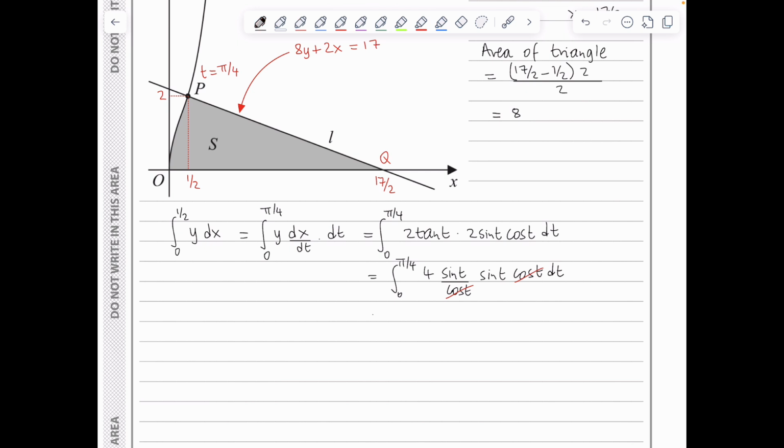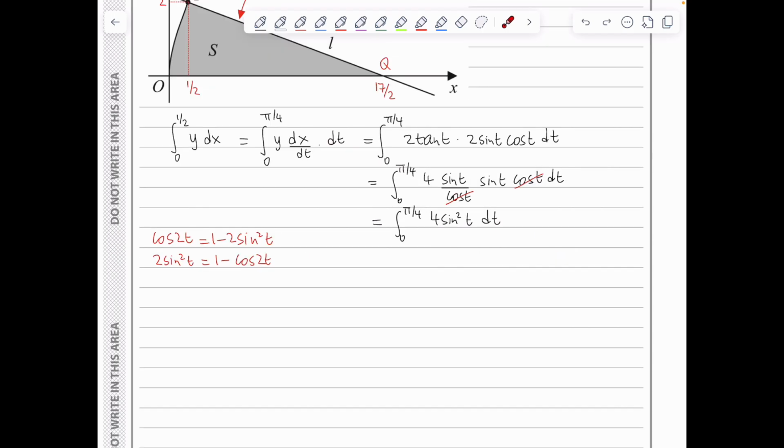So we're dealing with the integral from 0 up to pi over 4 of 4 sine squared t dt. Well, we know the double angle formula for cos says that the cosine of 2t is 1 minus 2 sine squared t, which means that 2 sine squared t is equal to 1 minus cos 2t.